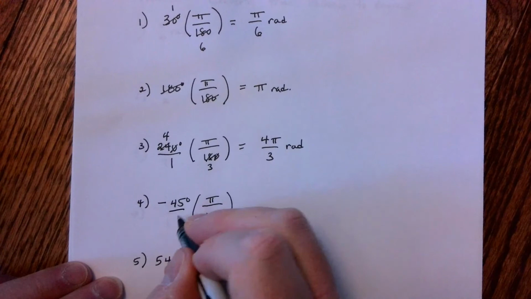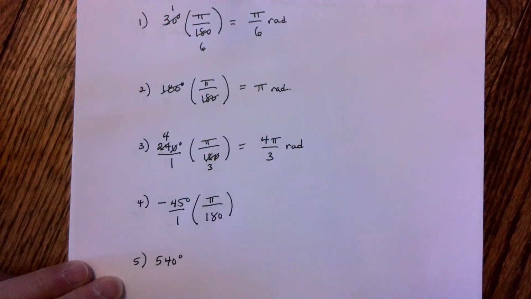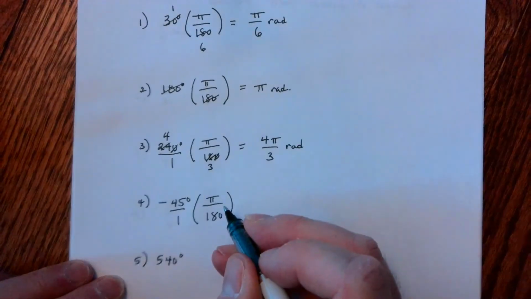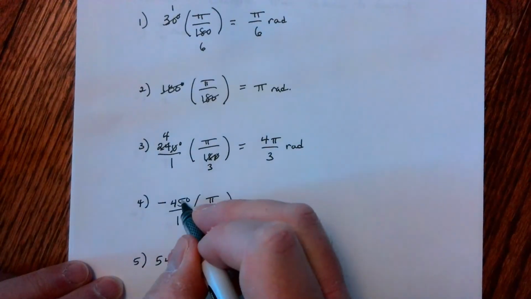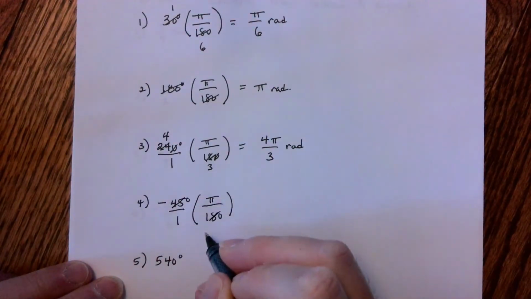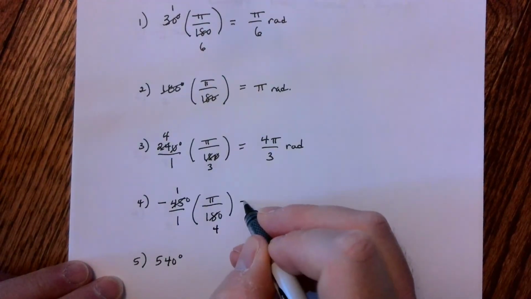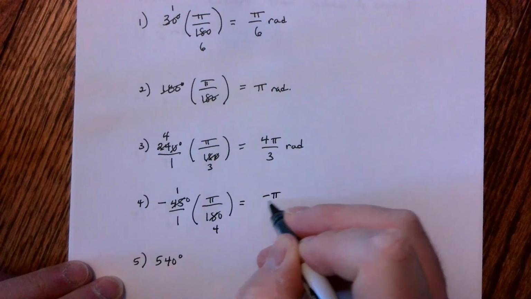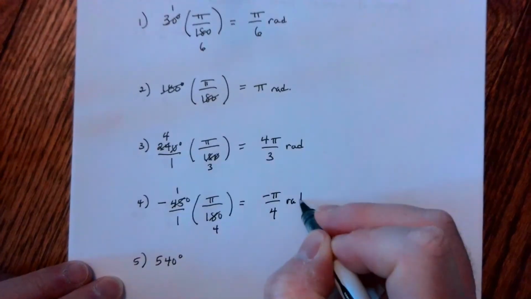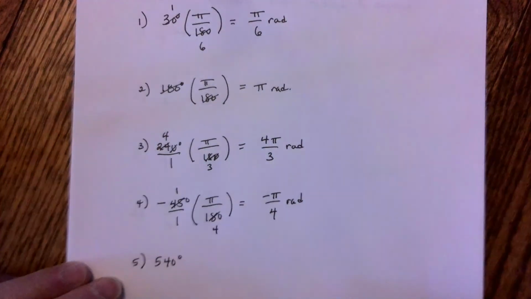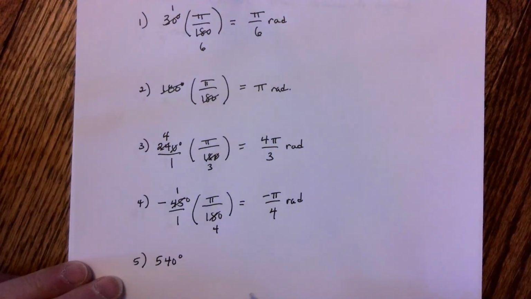Once again, if you feel more comfortable putting the 1 under the 45 to help you reduce or simplify, basically 4 times 45 degrees will go into 180, so this will be 1 over 4. So we're going to end up with negative pi over 4 radians. Now you don't have to write radians after each term. Some textbooks just put a little r. Some textbooks don't put anything at all. It just depends on what you're using.